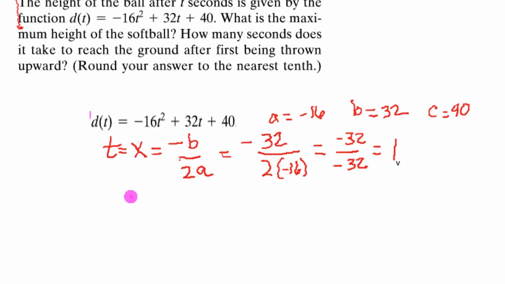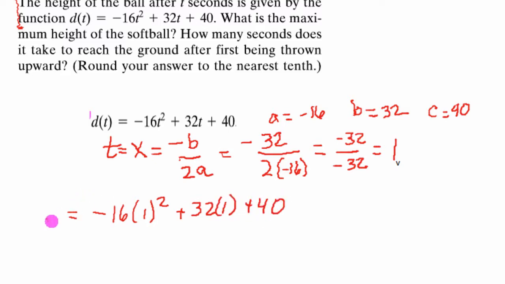We need to find that height, because the question is to find the maximum height. So we're going to substitute t equals 1 into the original equation: negative 16 times 1 squared plus 32 times 1 plus 40 will be the height. Now you do your order of operations.